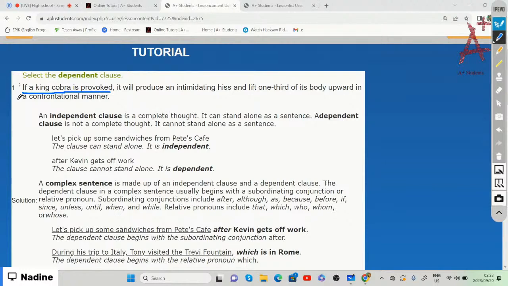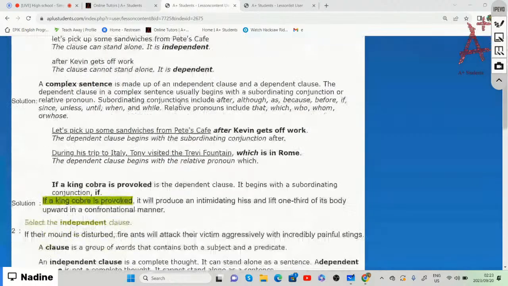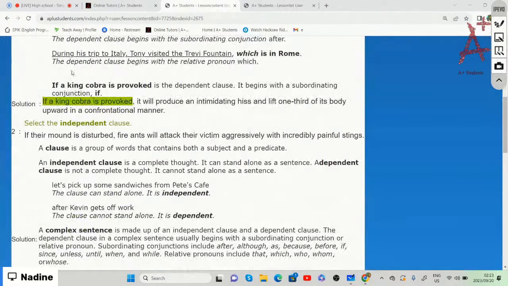If we were to read that on its own, it would not stand alone, because if a cobra is provoked, and then what else thereafter? It is not a complete thought. And there we have it. It's a dependent clause.